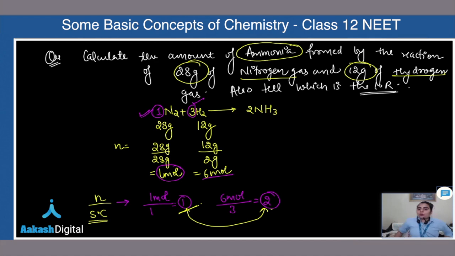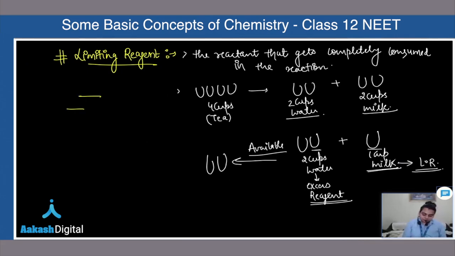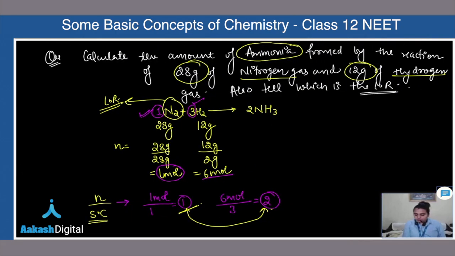Now I need to understand one thing. I have found my limiting reagent and I know the amount of product formed depends upon the amount of limiting reagent. I have told you this. So this means if 1 mole of nitrogen forms 2 moles of ammonia, and I have only 1 mole, then 2 mole of NH3 will be formed.